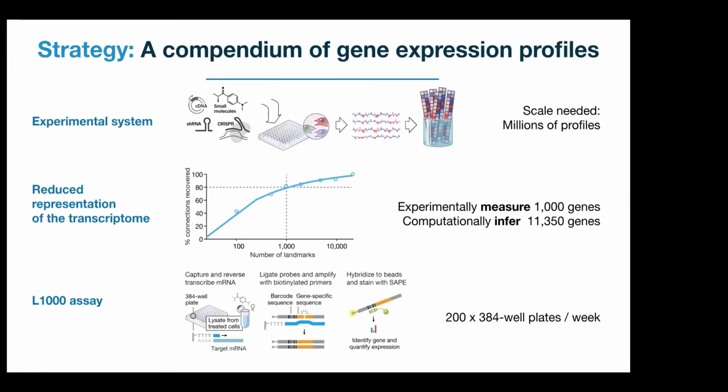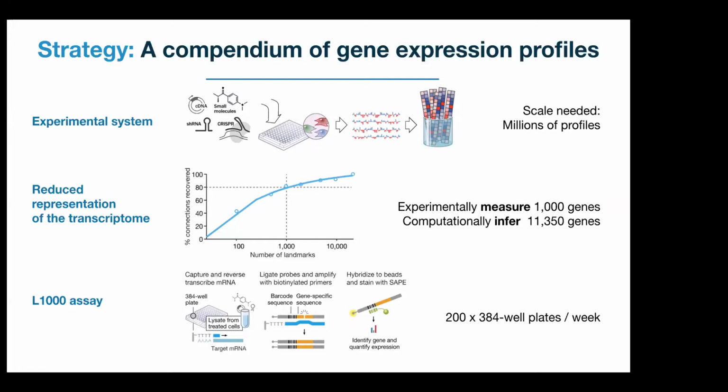So to make this resource as useful as possible, we needed to scale up our ability to measure these gene expression profiles. And we imagined that the scale we needed was millions of profiles such that the resource could be as rich and diverse as possible and enable discovery of as many possible associations. And so to achieve this, we used a new assay called L1000, which is similar in spirit to something like a microarray or RNA-seq.